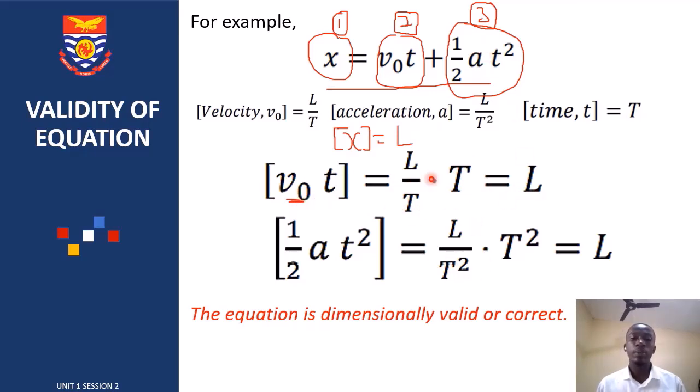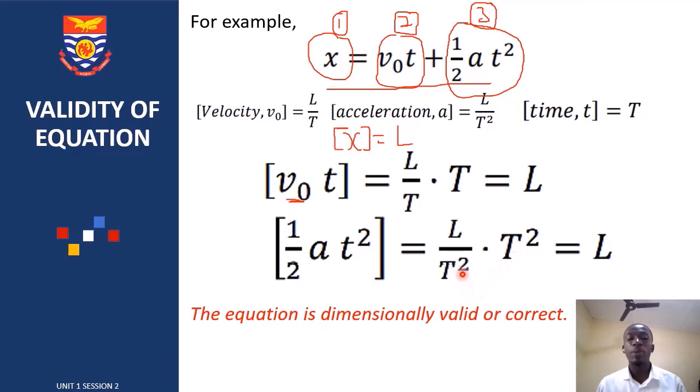Let's move to the third term, term 3. We have 1/2 multiplying a t squared. The formula for acceleration is velocity over time. When you divide velocity over time, we are going to get L over T squared. And we already have a t squared here, which the dimension is going to be big T squared.